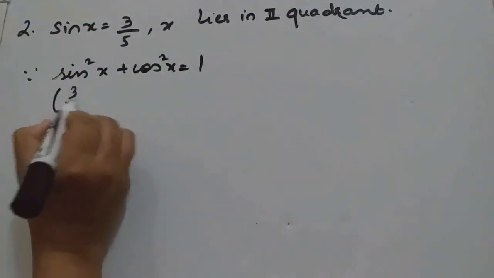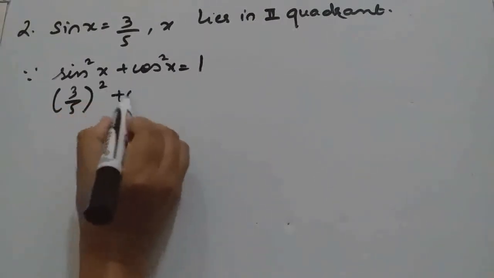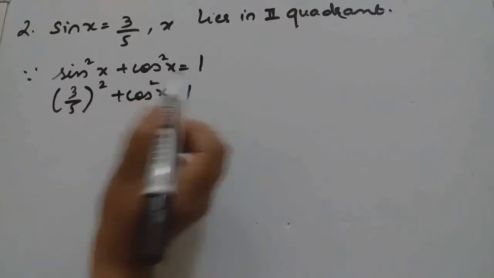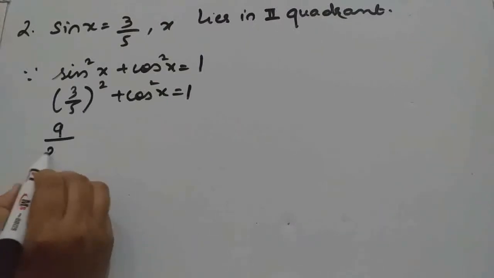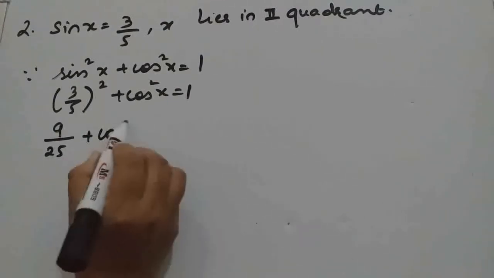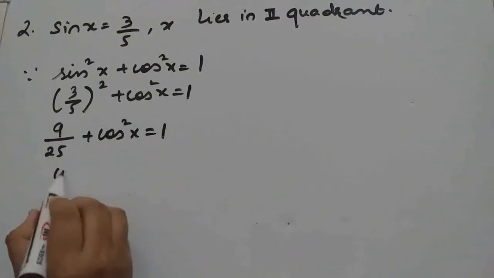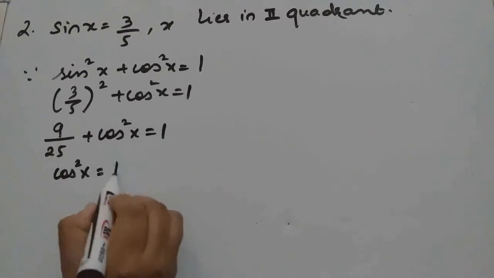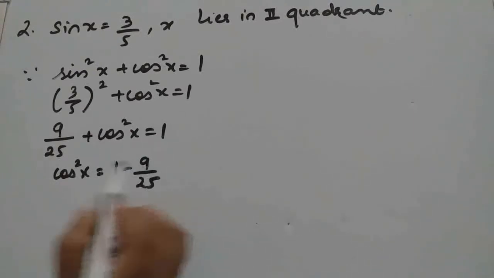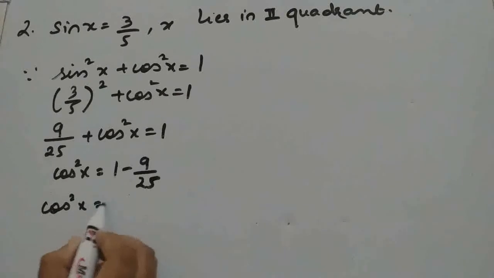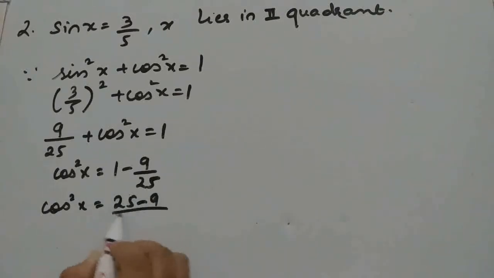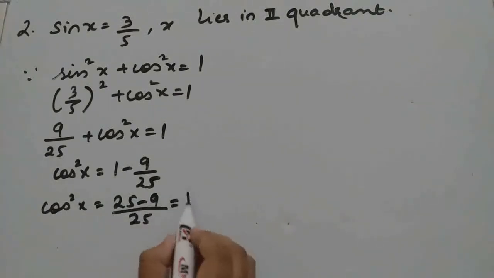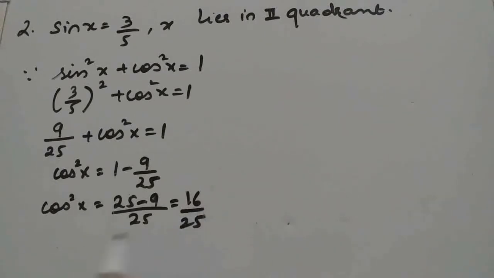The sin x value is given as 3 by 5, so its square is 9 by 25. So cos square x will be 1 minus 9 by 25, which will give 25 minus 9 by 25, that is 16 by 25. So cos x will be plus minus 4 by 5.